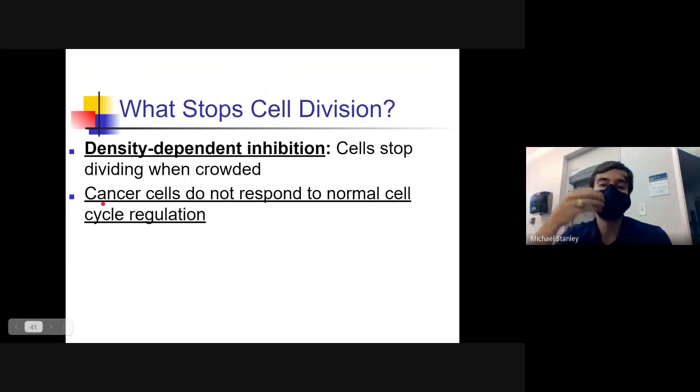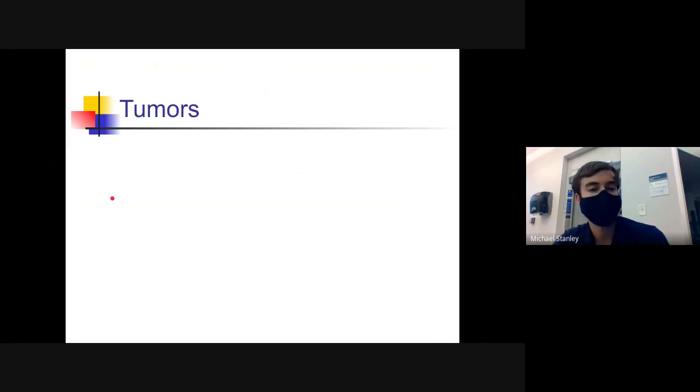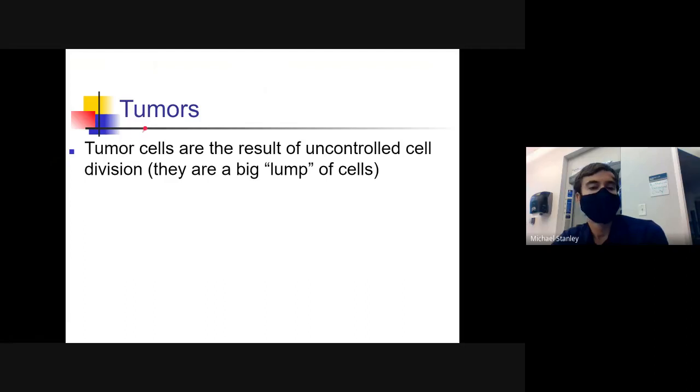So cancer is what happens when cells stop behaving and start just making more and more copies of themselves. So the reason why people who have different types of cancer often develop tumors in their body is tumors are just big lumps of cells.